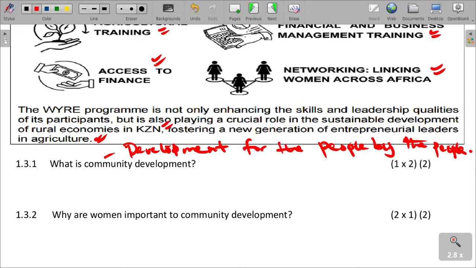So we can say that it is also a team building approach where community members, organizations, and stakeholders work together to identify needs and implement the development strategies.